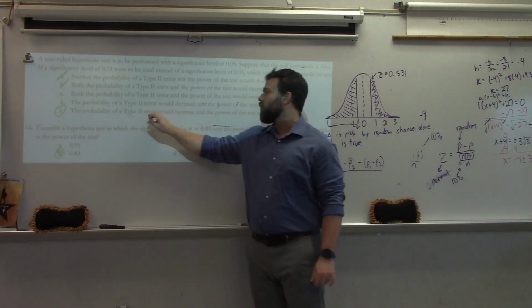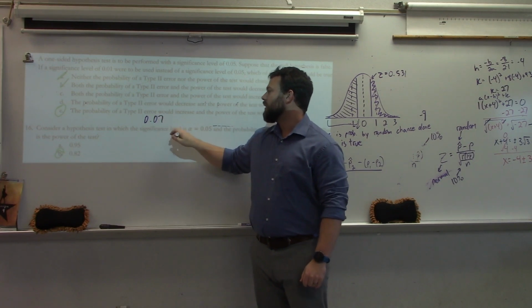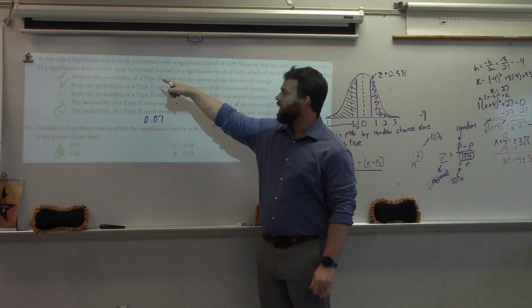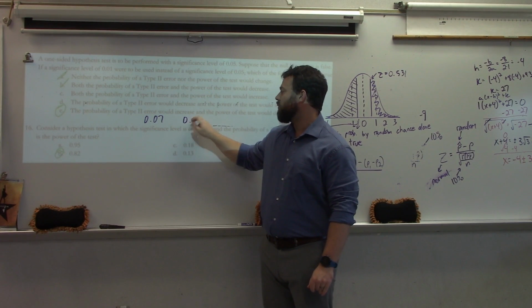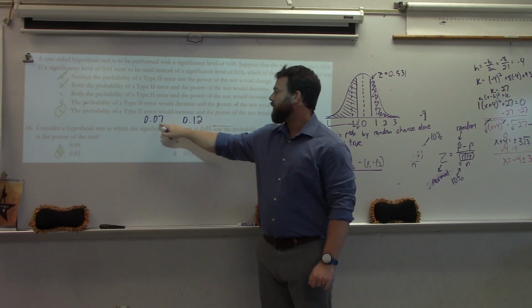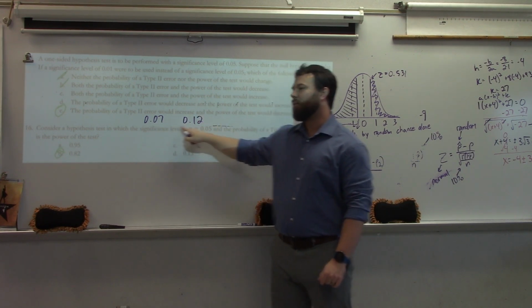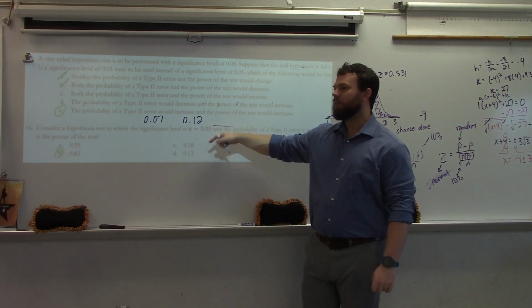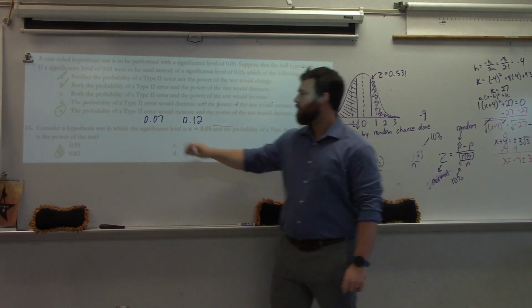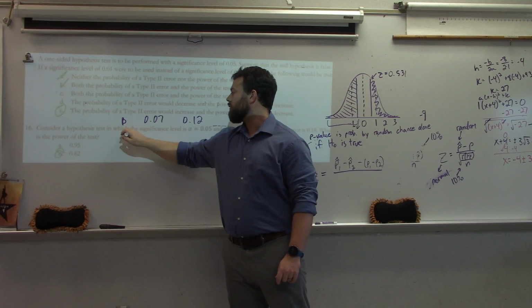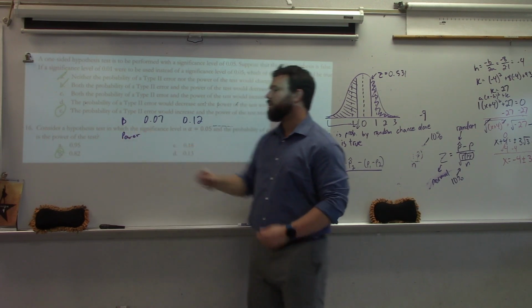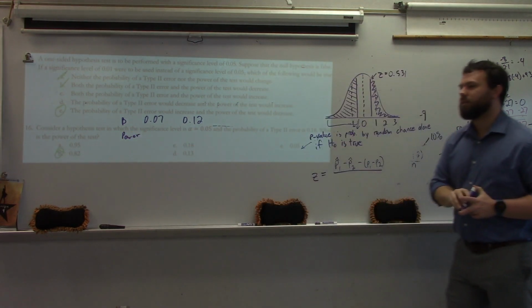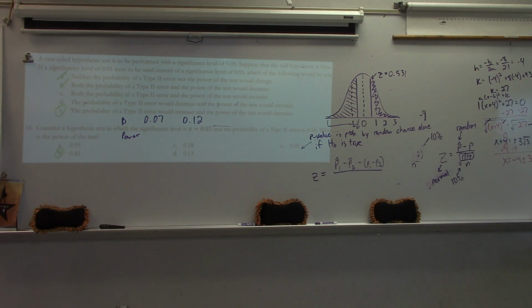Because if this was 0.07, and because I lowered alpha, that beta went up to 0.12, then the power here would be 0.93. The power here would be 0.88. And so my power went down. Got you. So that power goes down when you decrease your alpha as well. So there's consequences of lowering your alpha.